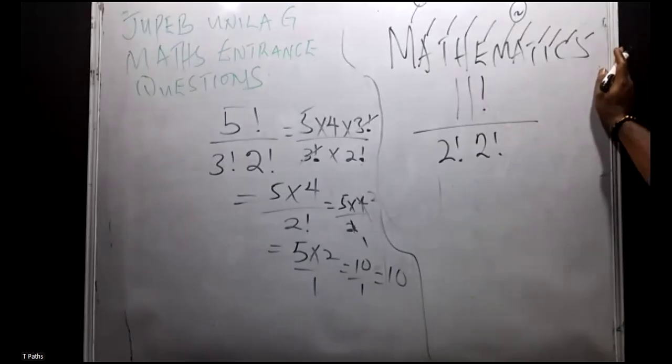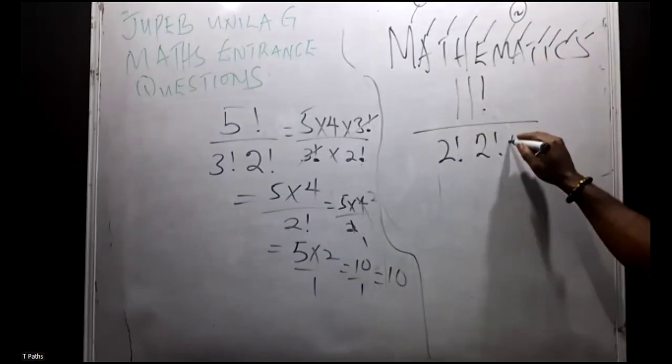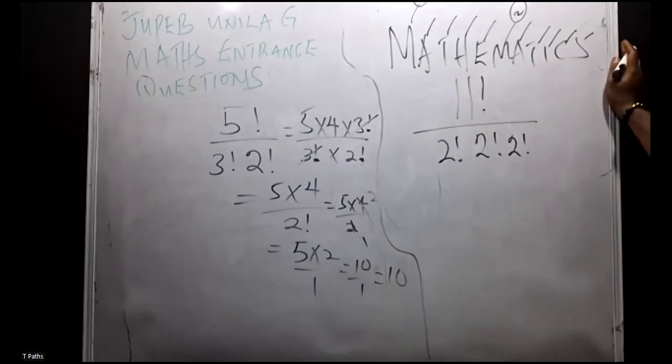Then the letter T, how many times does it appear? We have 2. Which other letters again? E appears once, I appears once, C appears once, S appears once.